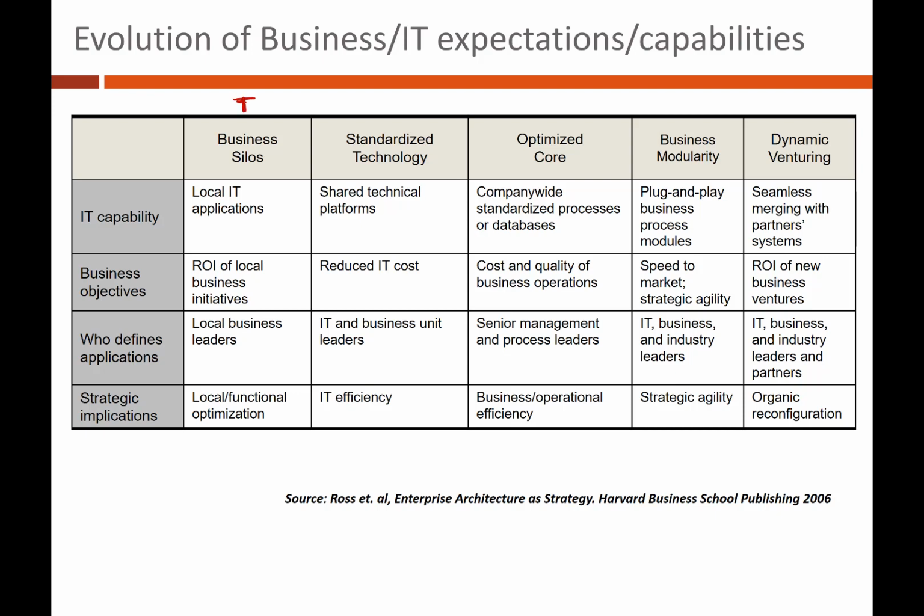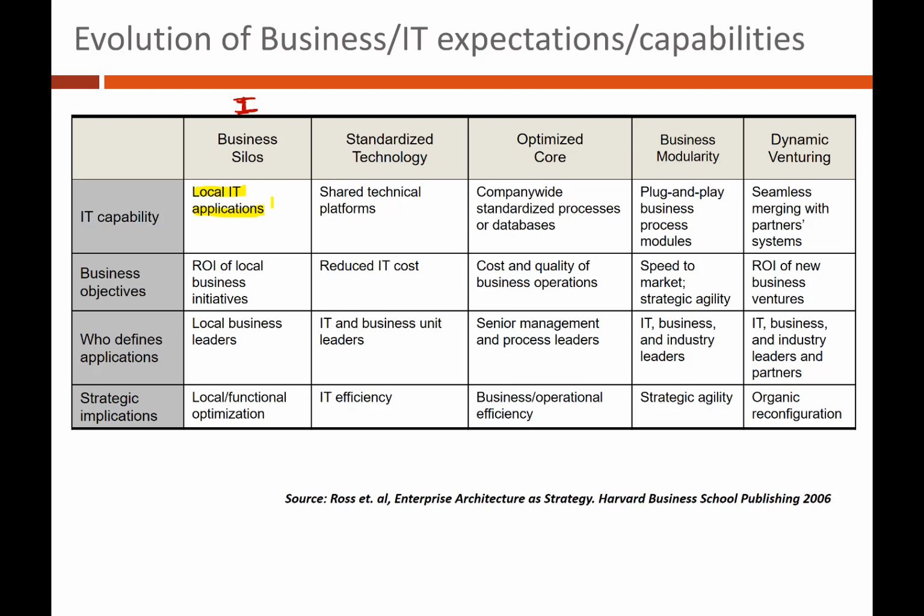And in what we will call phase one here, this leftmost column, when technology first came to business, we had these silos of business. And the idea was companies would go out and they would buy IT, but they were buying IT just to help in an individual functional area.